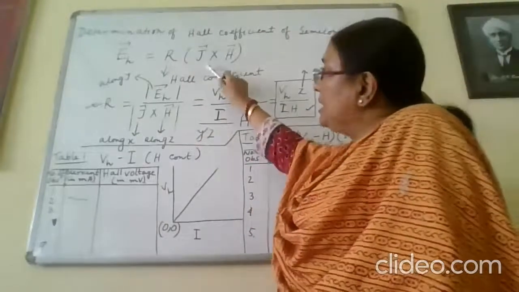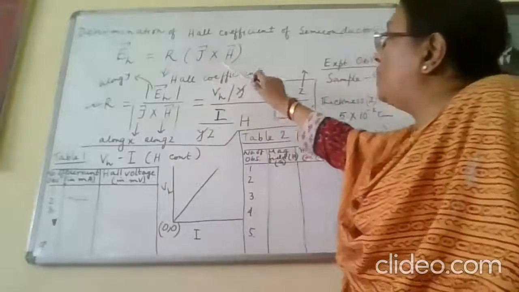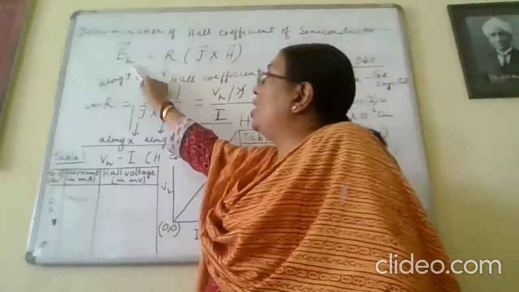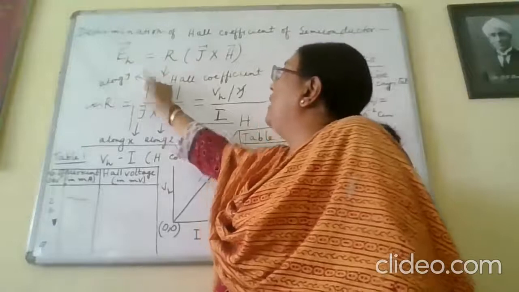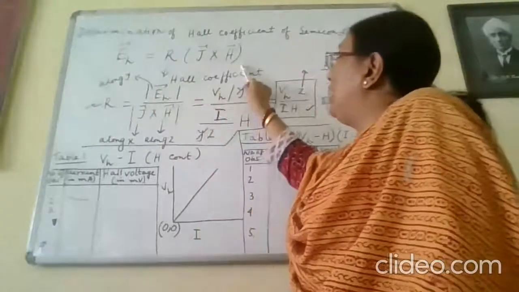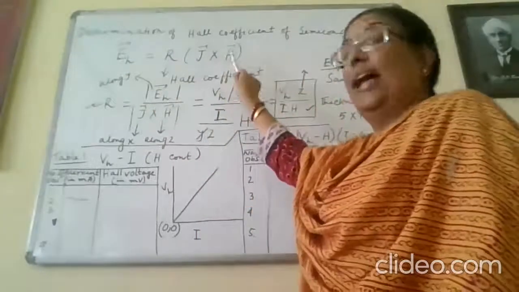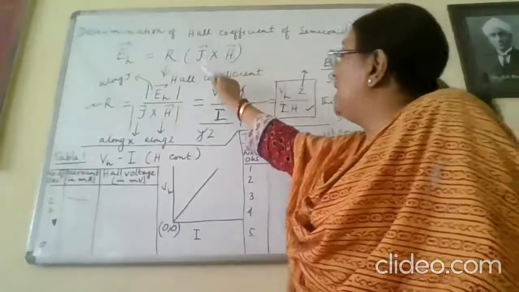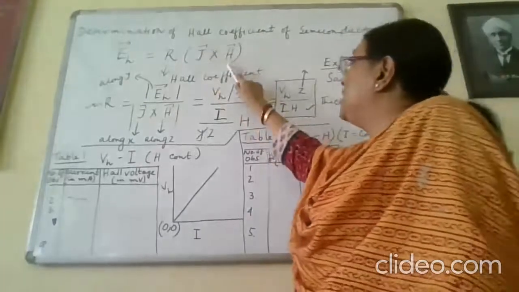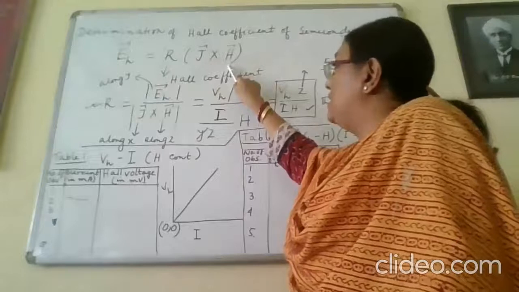Now from this expression it is very clear to all of you that the direction of EH, the Hall field, is perpendicular to the plane containing J and H, where J is the current density and H is the corresponding magnetic field.